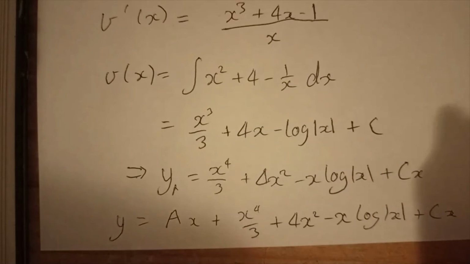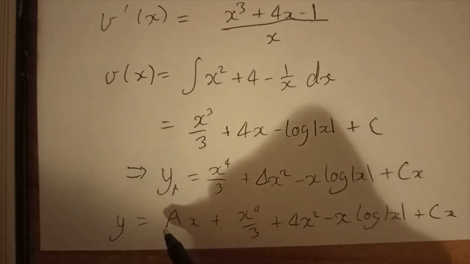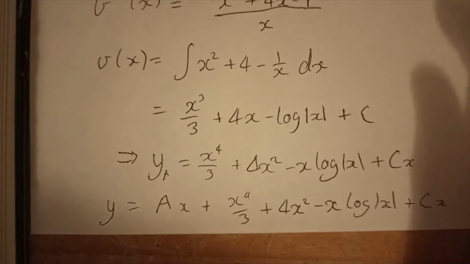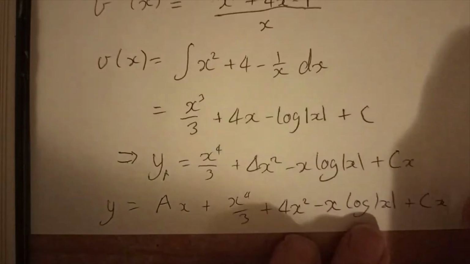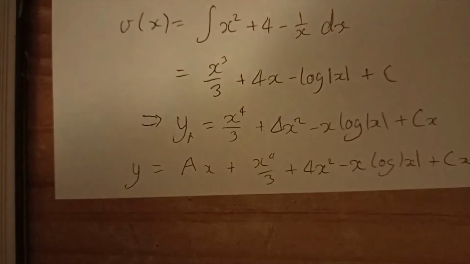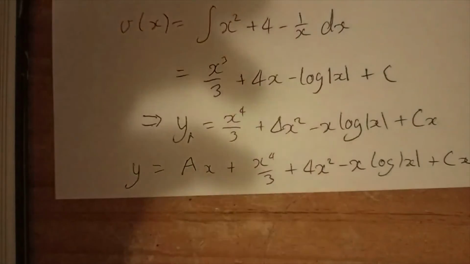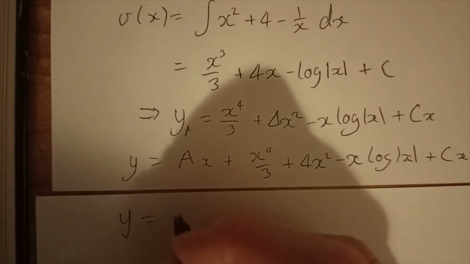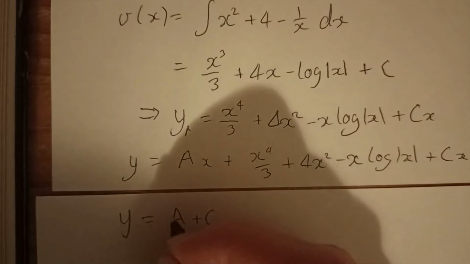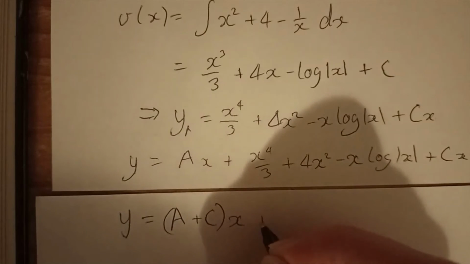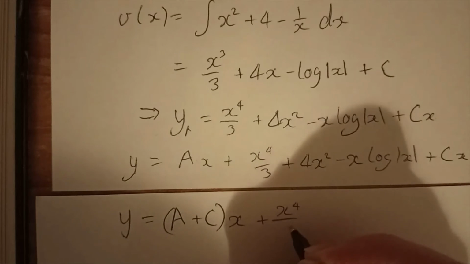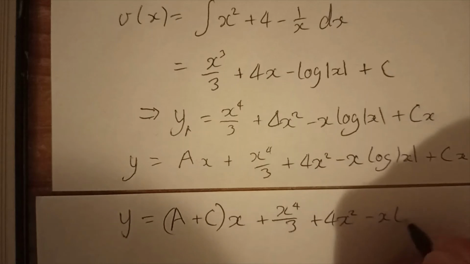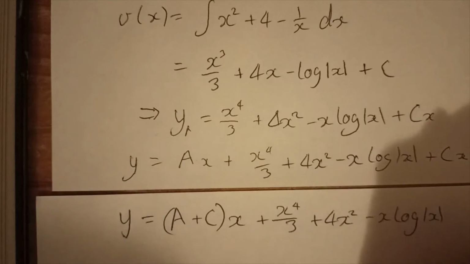And you can see we've got some constant times x and some constant times x, and we don't need both of them. We can factorize that to have y equals a plus c times x plus x to the 4 over 3 plus 4x squared, take x log x.